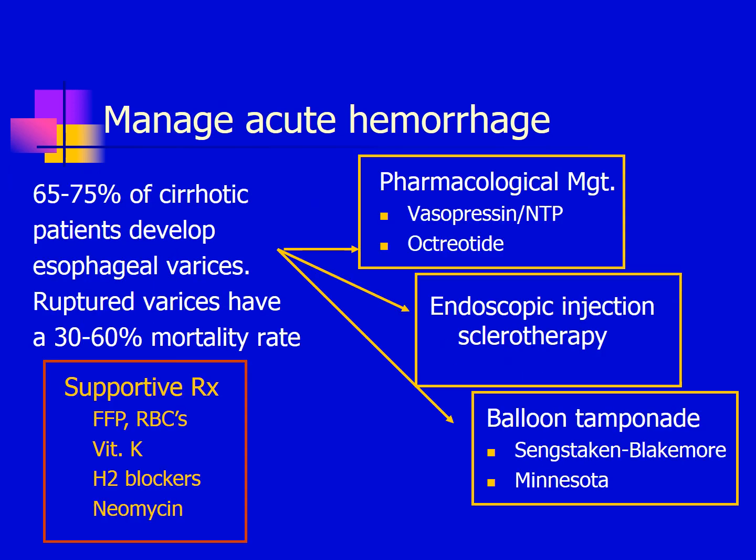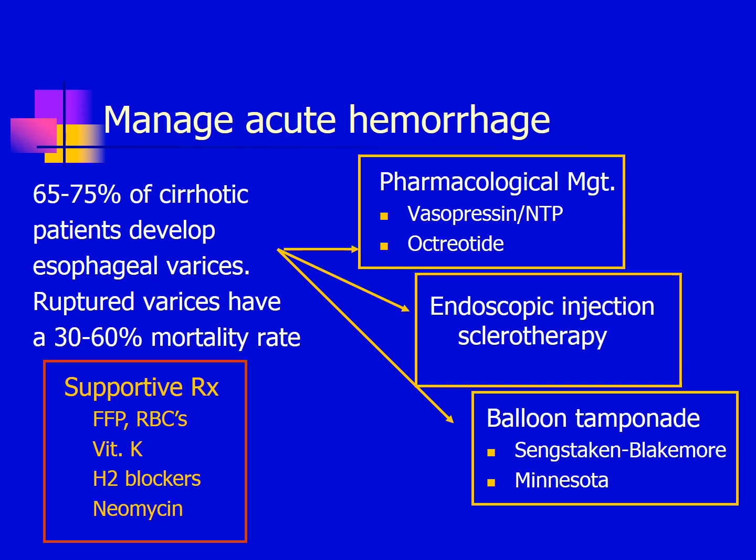We're going to manage acute hemorrhages. 65% to 75% of people with cirrhosis develop some esophageal varices. That's a pretty high number. And ruptured varices have a 30 to 60% mortality rate. Right? So pharmacological management: vasopressin. Endoscopic injection of drug therapy, sclerotherapy that would stop or burn the area.